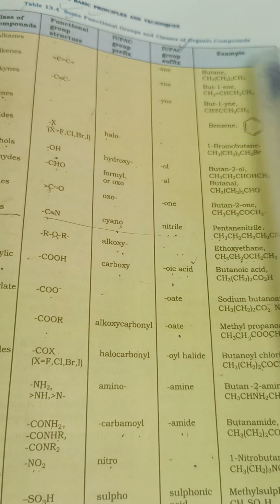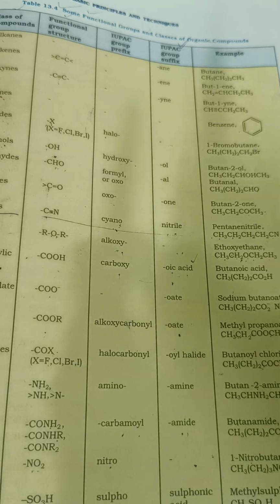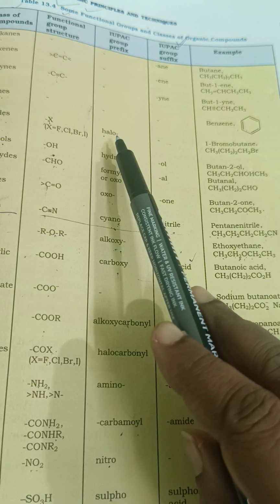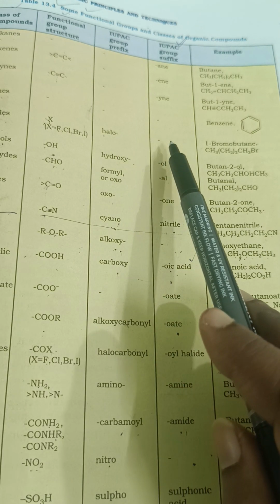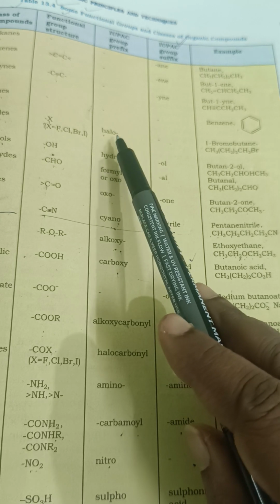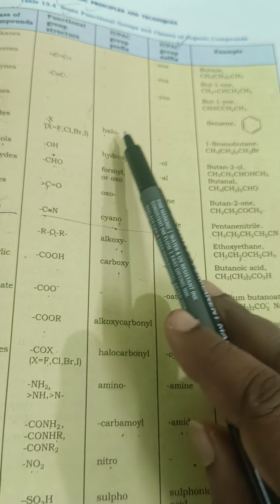For IUPAC nomenclature, in the halides they have given only a prefix, not a suffix. They have mentioned halo as the prefix, so this should be present in prefix form.